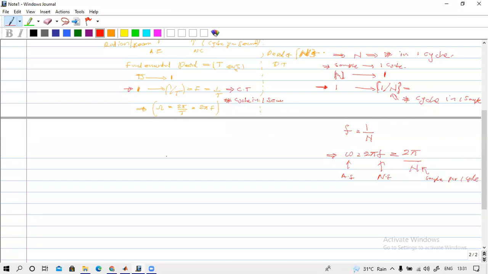In case of discrete time signal, you have capital omega, 2π capital F, 2π capital T, which is time per one sample. Dr. Udesh also explained these things very well. So I hope you get it.